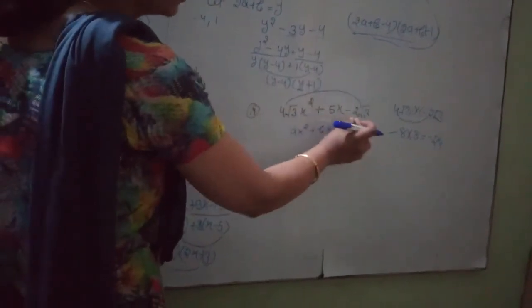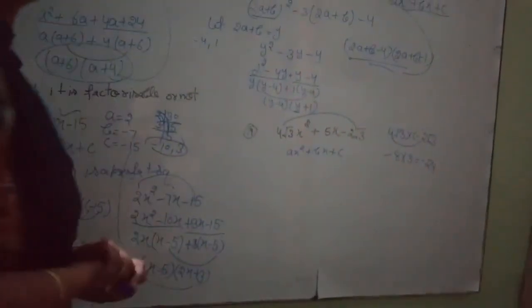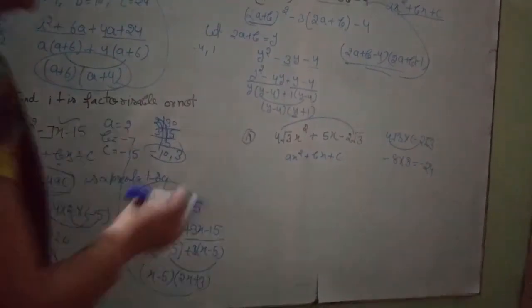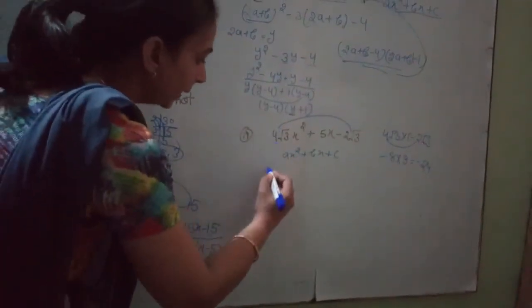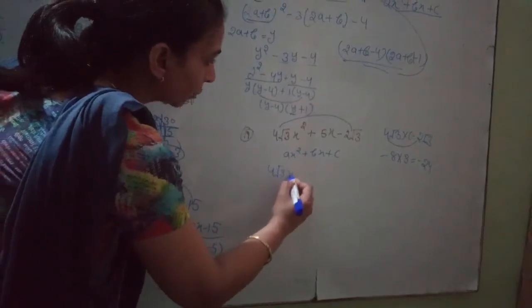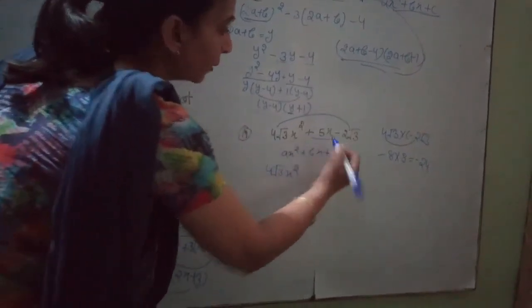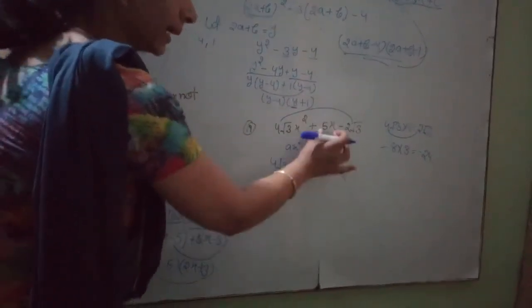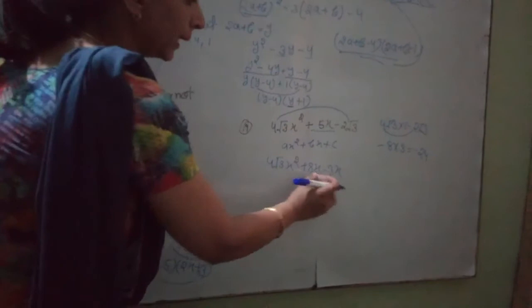We factorize 24 into two parts such that the sum is 5 and the product is minus 24. Okay, then 8 and 3. First 4 root 3 x square as it is. In place of 5x we write 8x minus 3x. 8x minus 3x is 5x, and 8 multiplied by minus 3 is minus 24.